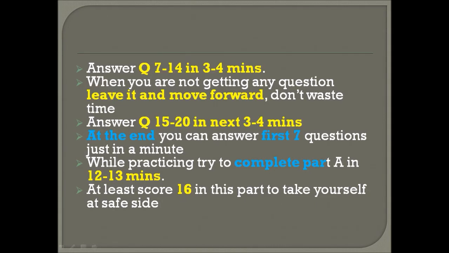When you have very good practice of completing part A in 12 to 13 minutes, then you will definitely complete part A in your OET exam in 12 to 13 minutes as well. So at least score 16 in this part to keep yourself on the safer side. The minimum score in part A should be 16.